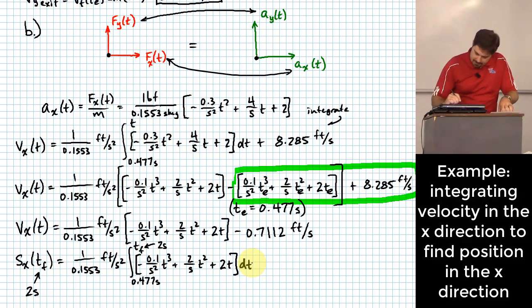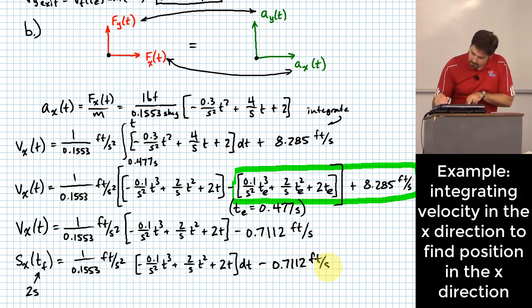And ultimately, I put this in the wrong place. I want this integration to happen for all of this stuff, including the minus 0.7112 feet per second.